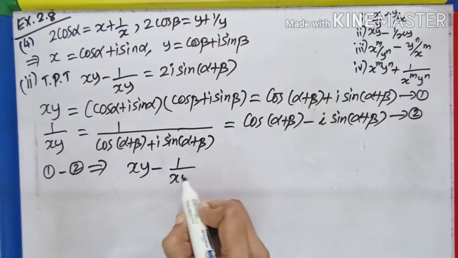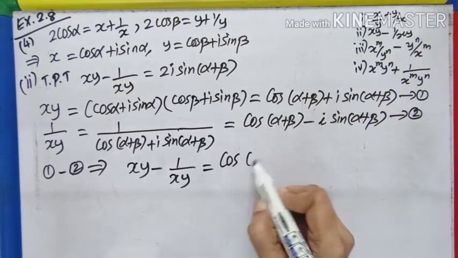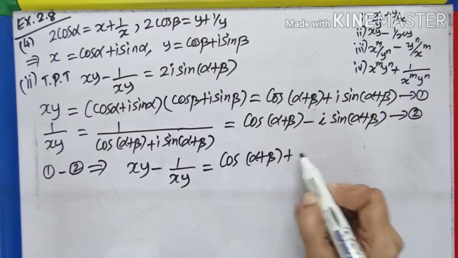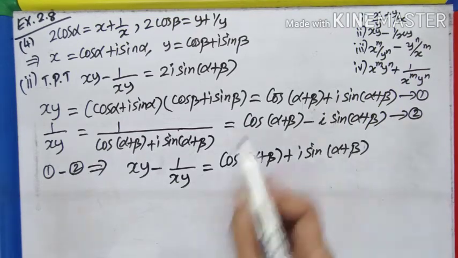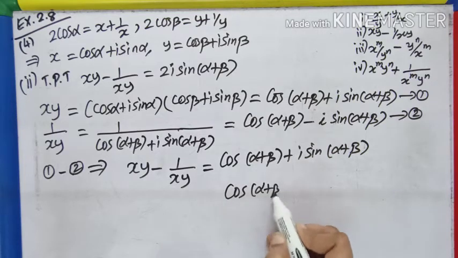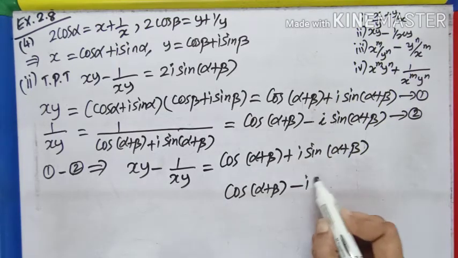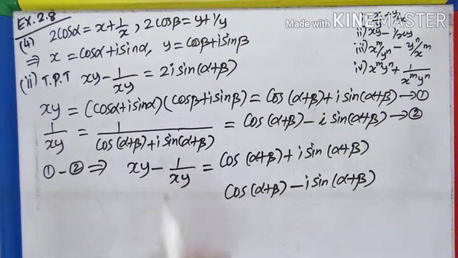xy minus 1 by xy means, what is xy? Cos alpha plus beta plus i sin alpha plus beta. And what is 1 by xy? Cos alpha plus beta minus i sin alpha plus beta. I want minus symbol.